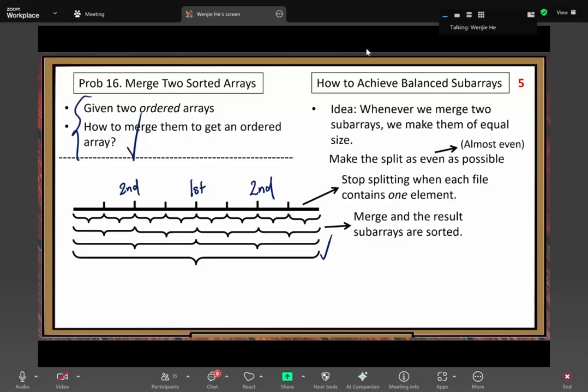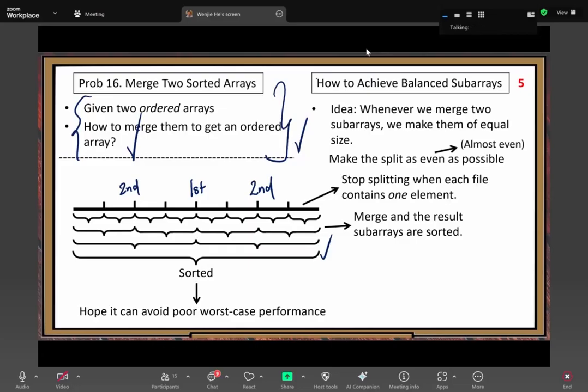Here you can see this is the critical step. After we solve this critical step, then we have the whole merge sort algorithm. Because we do even splits all the time, we expect to have the worst case efficiency under control.